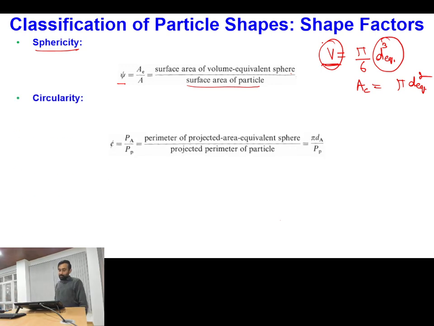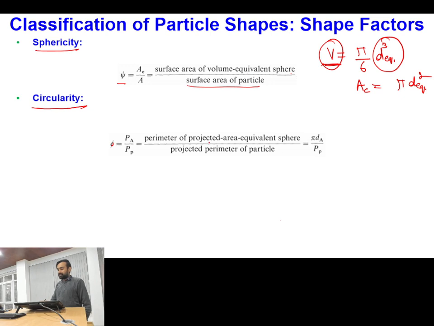Okay, so the third factor which I can utilize is called circularity of a particle. Circularity is given by symbol phi, and it is equal to PA, the perimeter of the projected area equivalent sphere, divided by the projected perimeter of the particle.